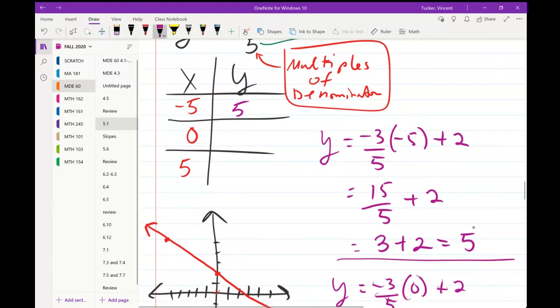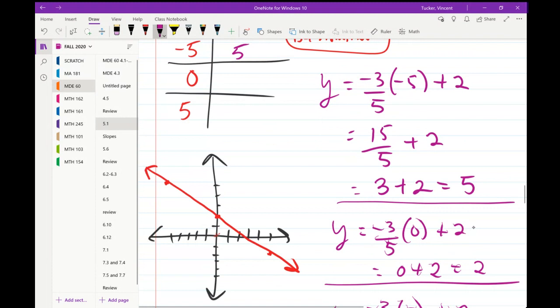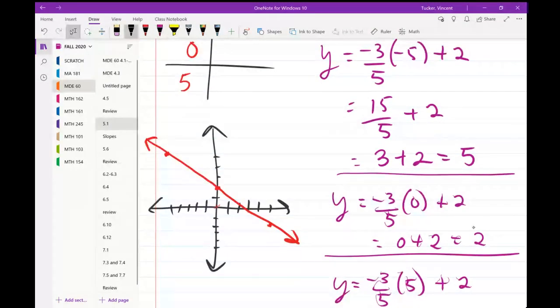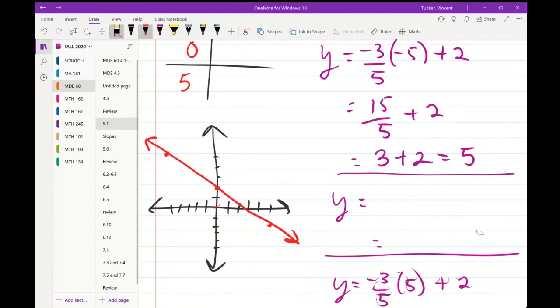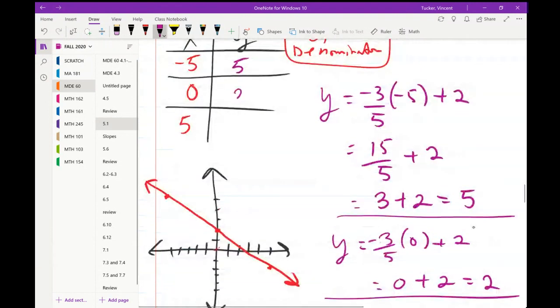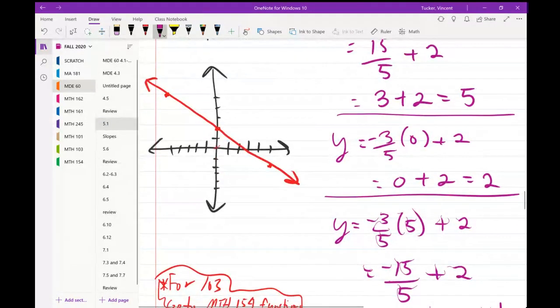Do the same thing for the other two. Plug in 0. Wait, look, I'll rewrite that. So that's negative 3/5 times 0 plus 2. 0 plus 2 is 2. So that'd be 2 for the next one. And then plugging in positive 5.